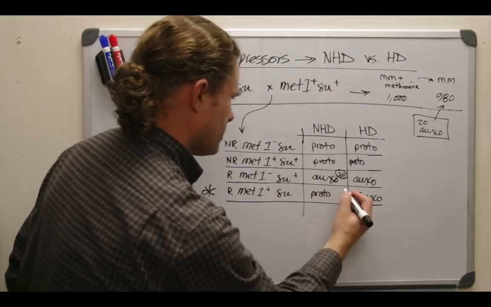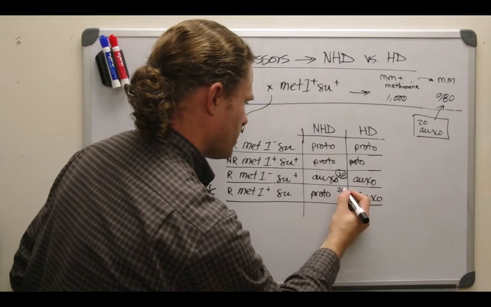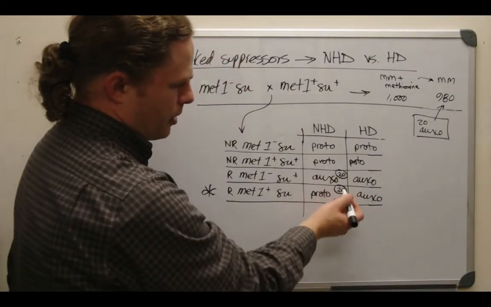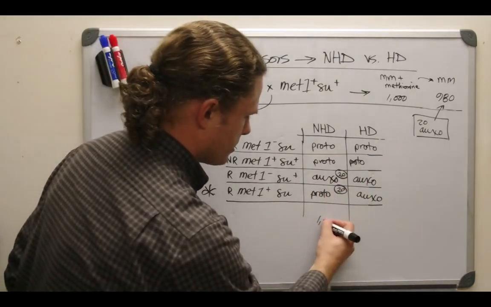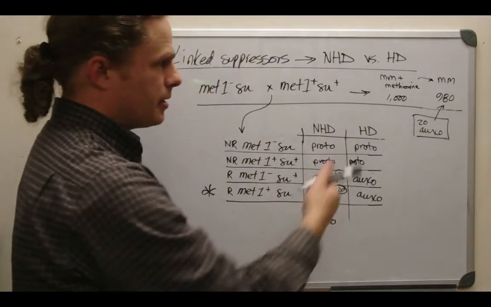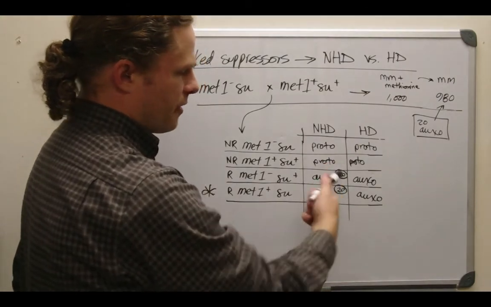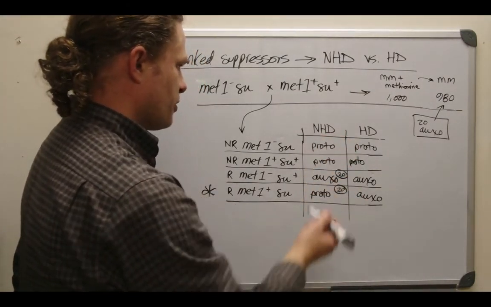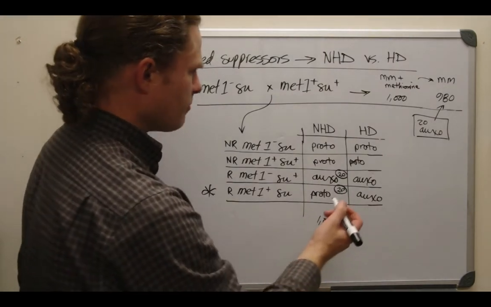So the other recombinant would also be present, 20 of those, indicating that out of the 1,000 cells on the master plate, 40 of them are in fact recombinant.